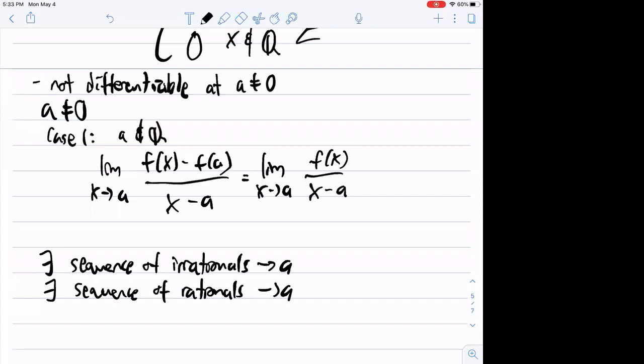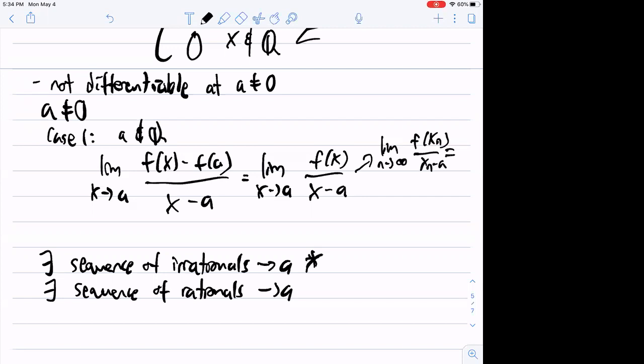And in fact, you could choose the sequence to be increasing or decreasing. Any questions? So in this case, what is this limit if I take that sequence, f of xn over xn minus a?